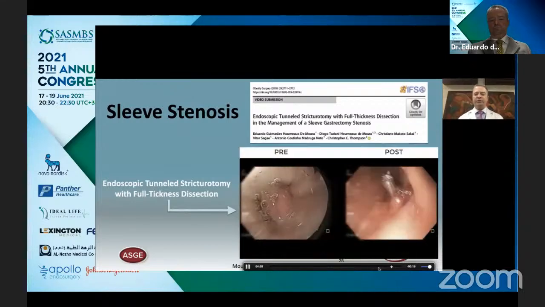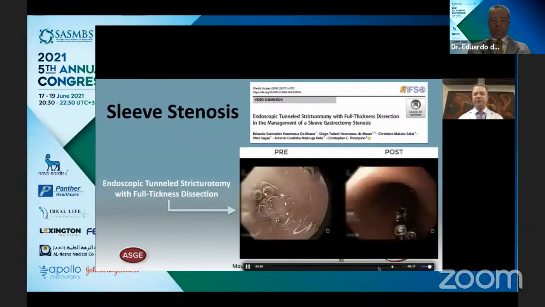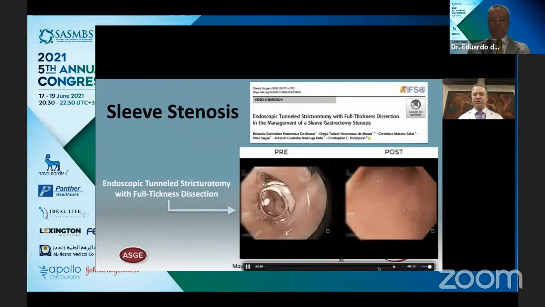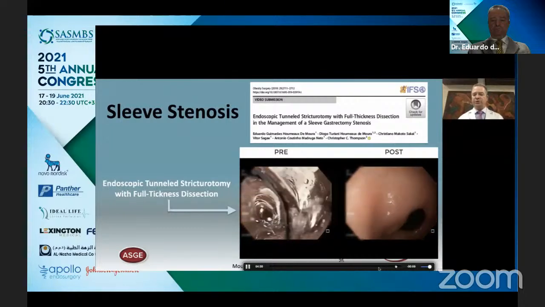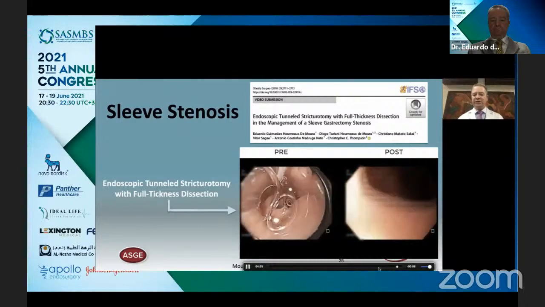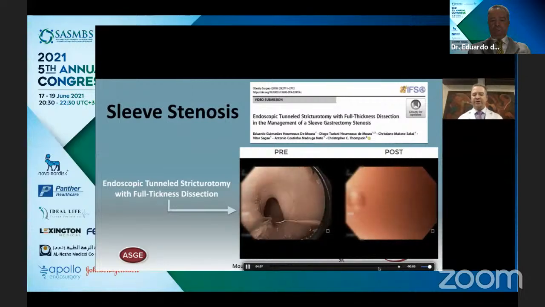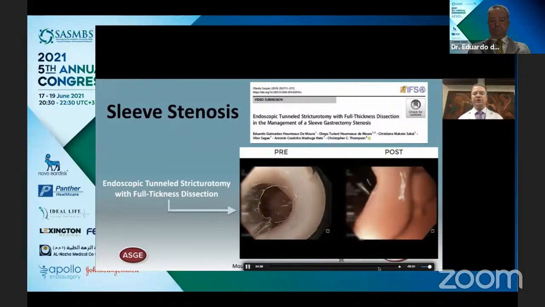Now it's possible to identify in this video the pre and post procedure. It's possible to pass the scope easily into the gastric cavity. It's not difficult to identify the pylorus and analyze the duodenum.